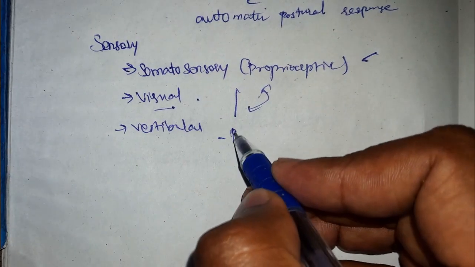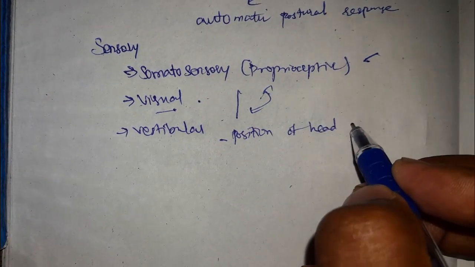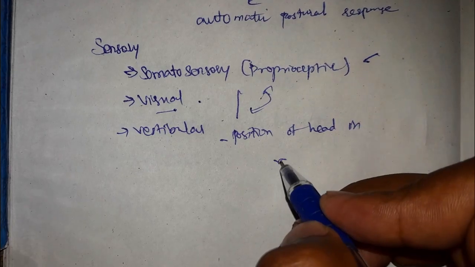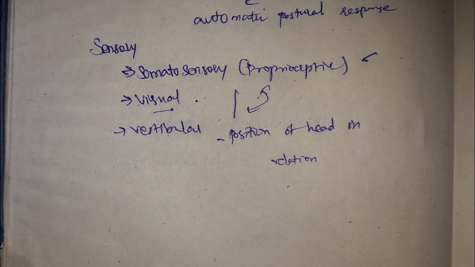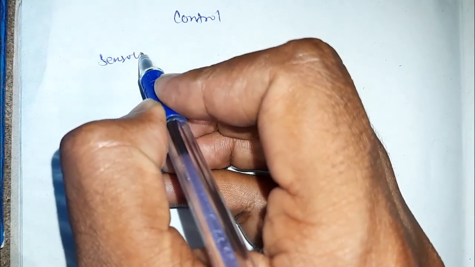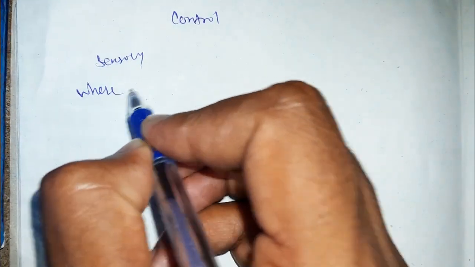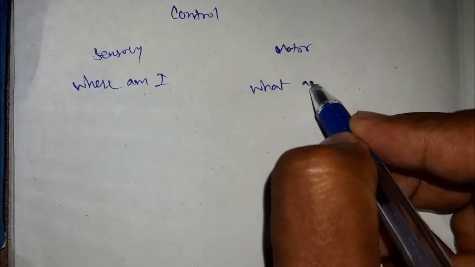And vestibular input gives the position of the head in relation to gravity, and linear and angular acceleration of the head during movement. So first, balance is controlled by sensory information. It tells us where am I, then we respond. That is the motor response: what am I going to do?